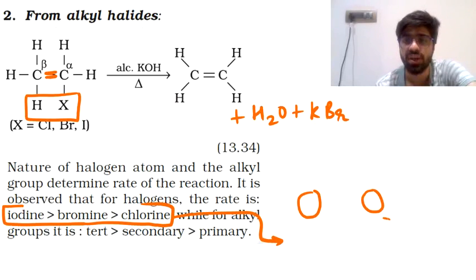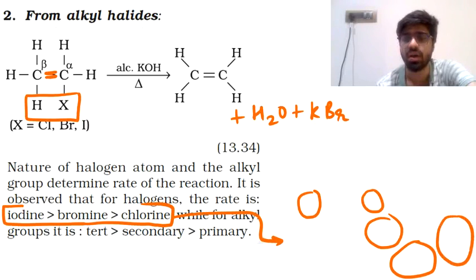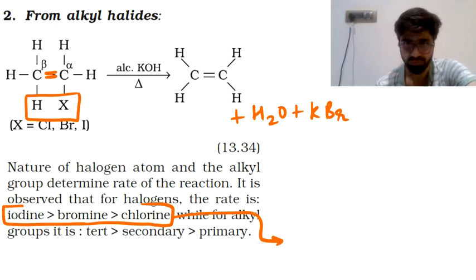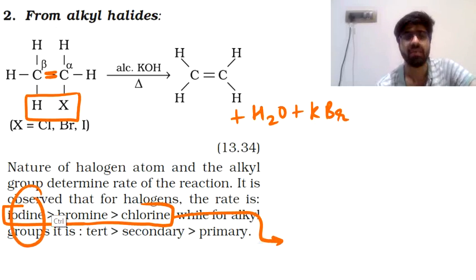The size of chlorine will be a little bigger, the size of bromine will be even bigger, and the size of iodine will be very big compared to that of carbon atom. So the size difference will be maximum between carbon and iodine. That is why the bond between carbon and iodine will be very weak.